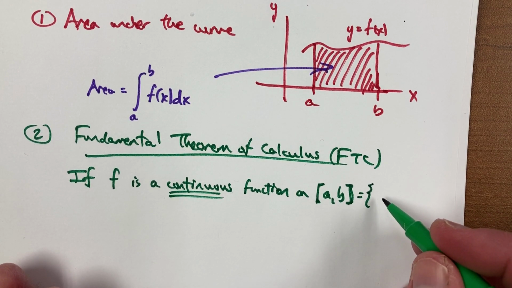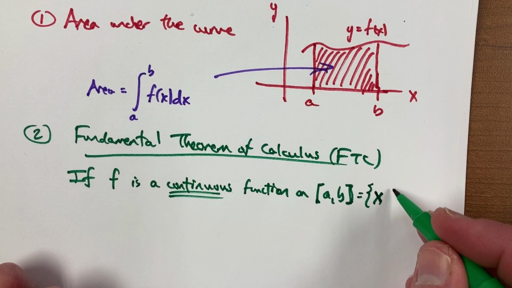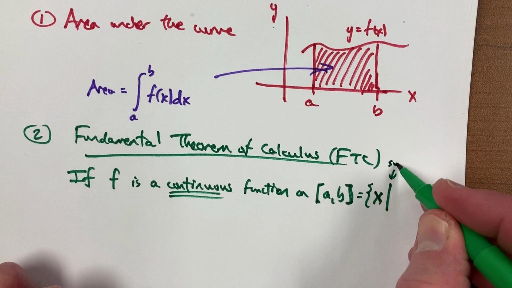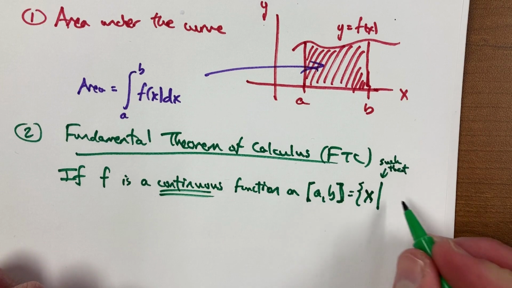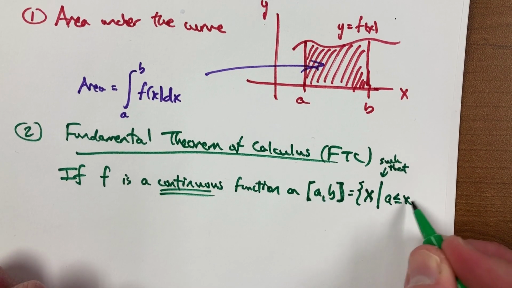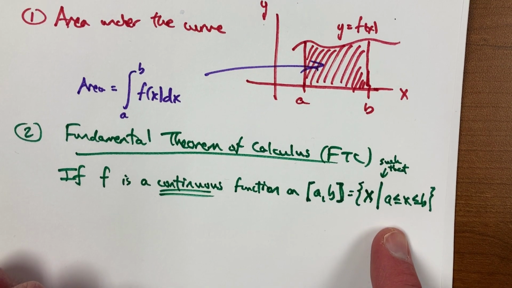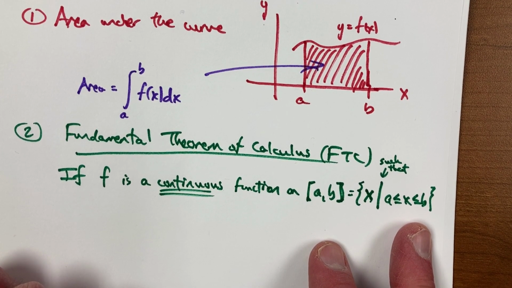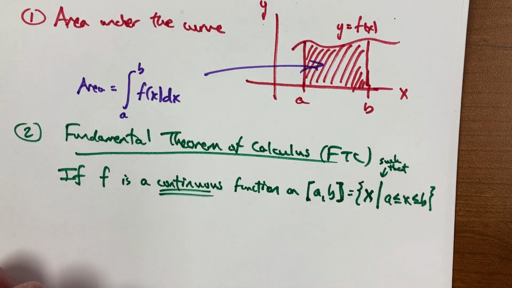The set of all x, set of all numbers x, such that, I'll put a vertical line which stands for such that, or with the property that, a is less than or equal to x is less than or equal to b. That's called set builder notation. These are just two ways of describing what X can be. X has got to be between A and B, possibly including A and B. Well, the set definitely includes A and B.